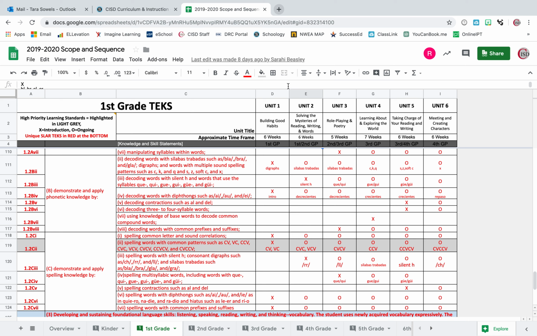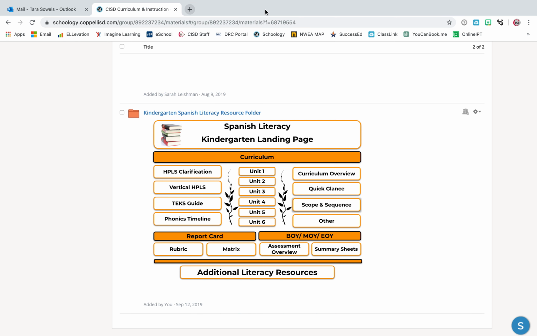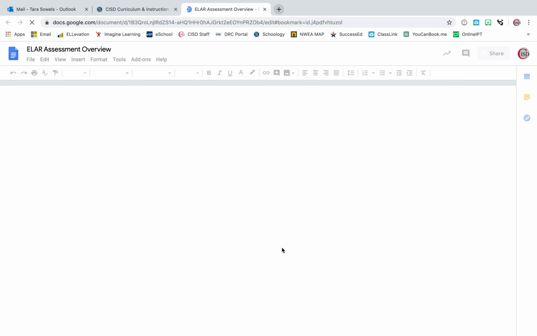Okay, the next part that we're going to look at, back to the literacy landing page, is the assessment overview. So when we look down here under beginning of year, middle of year, end of year, assessment overview, we're going to click on that. Now what you'll notice is this page is the ELAR assessment overview.